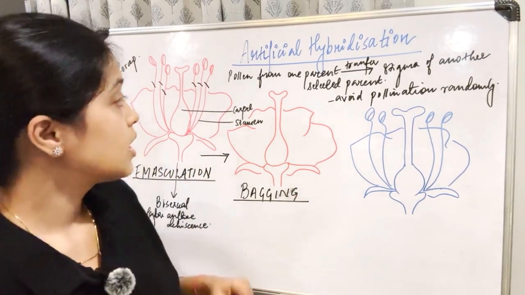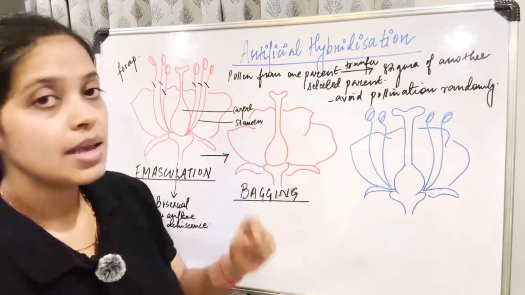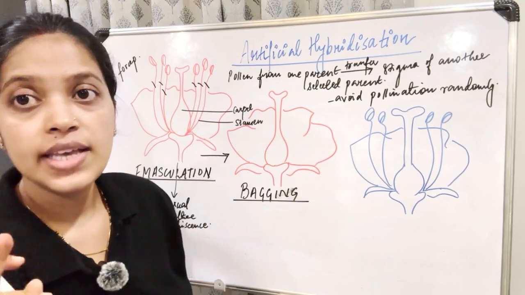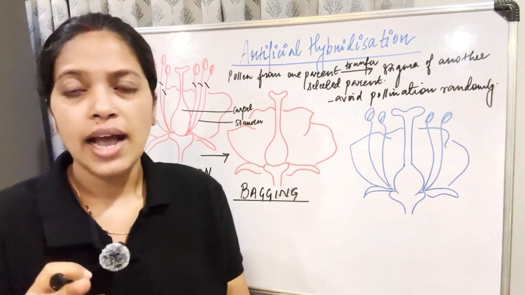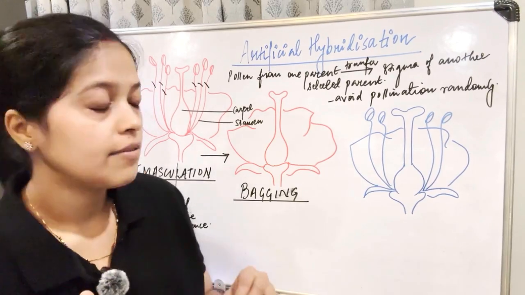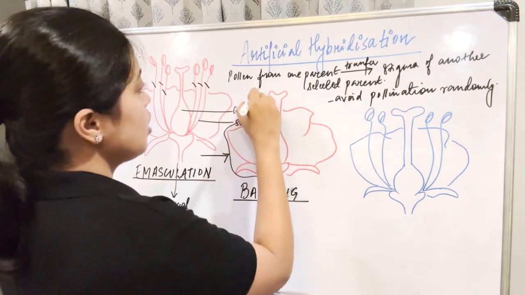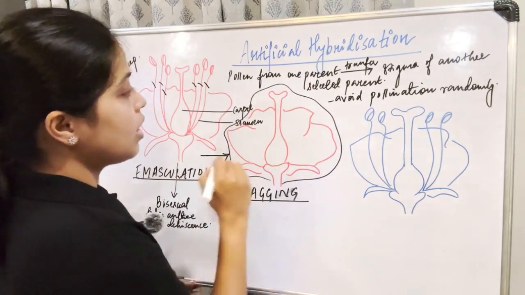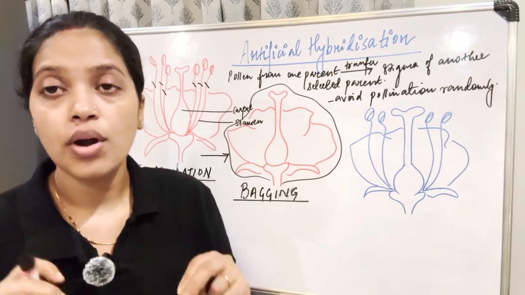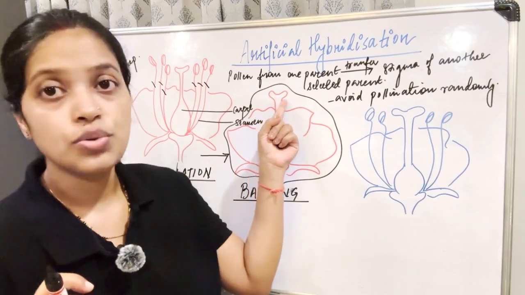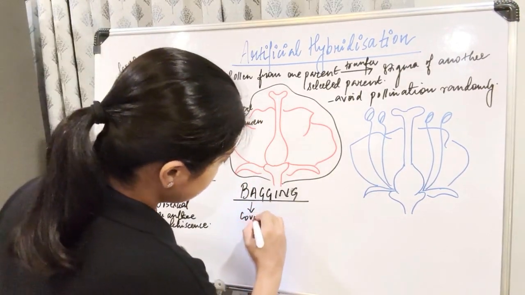Once emasculation is done, we directly go for bagging. This emasculated flower, where we have removed the stamen, is covered with a bag. Generally either polythene or butter paper bags are used. With the help of a bag we cover our carpel, so that any unwanted pollen doesn't reach the stigma.